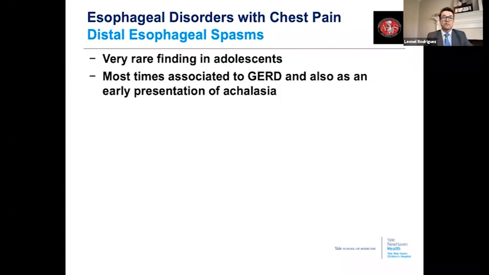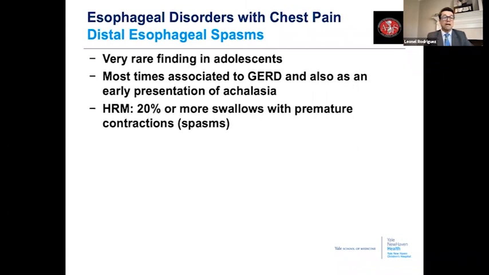So let's talk about the esophageal disorders associated to chest pain. Distal esophageal spasm. This is a very rare finding in adolescents. Most of the time it's associated to reflux, and it can also be associated to an early presentation of achalasia. The high-resolution manometry demonstrates that 20% or more of the swallows have premature contractions.